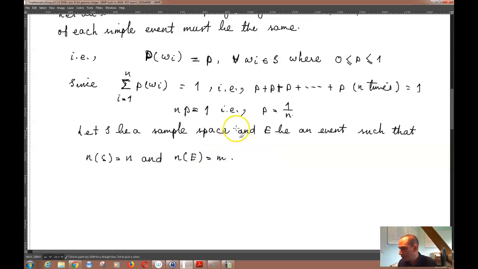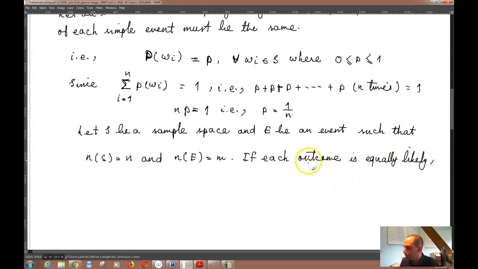If each outcome is equally likely, then it follows that P of E is equal to m divided by n.